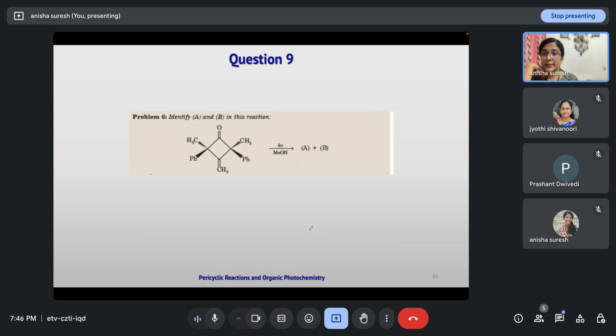Now coming to question number 9. Identify A and B in the following reaction. So this is a carbonyl compound. So which sort of reaction will it be undergoing?